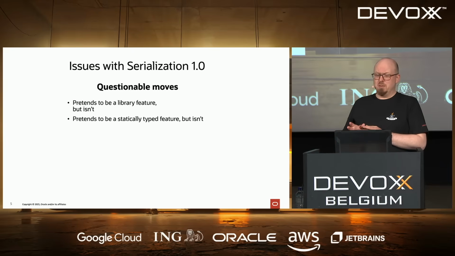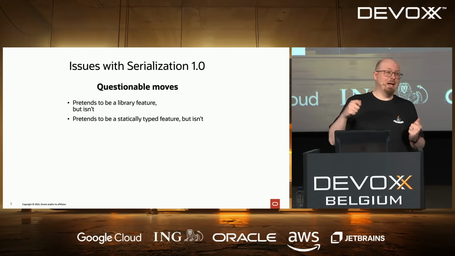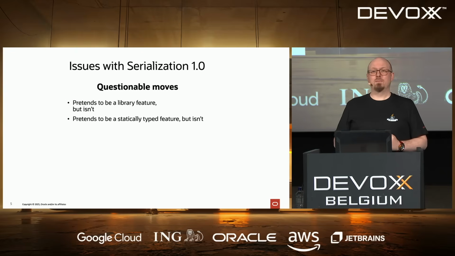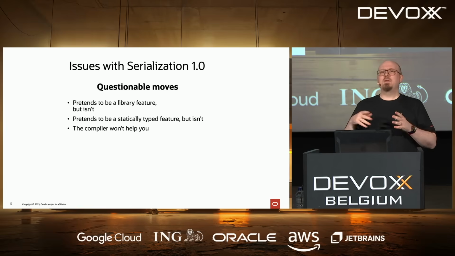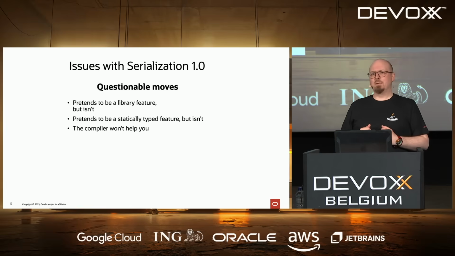It also pretends to be a statically typed feature, like I implement Serializable, but it really isn't. So you have these magical methods that you need to implement. And given that they are magical methods and they're not a part of the Serializable interface, the compiler won't help you.